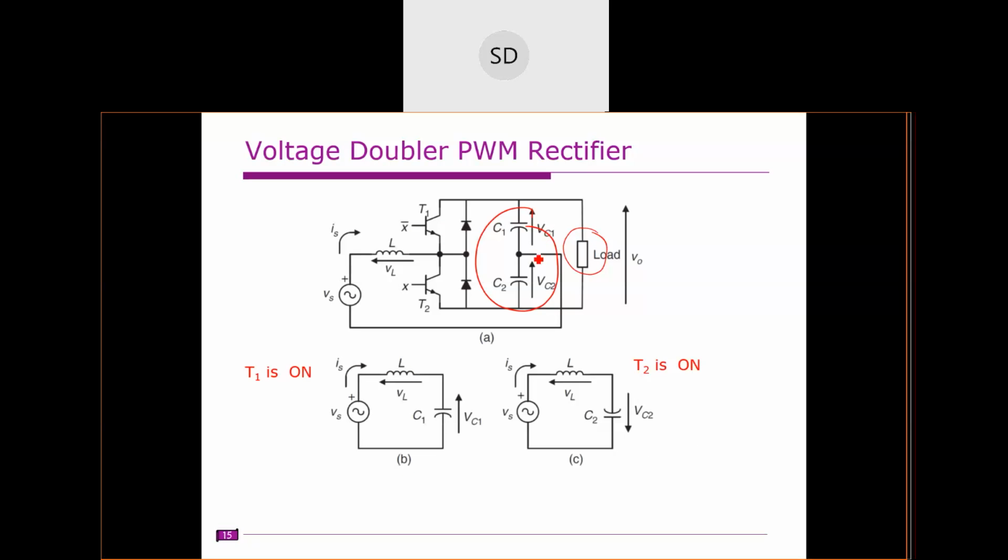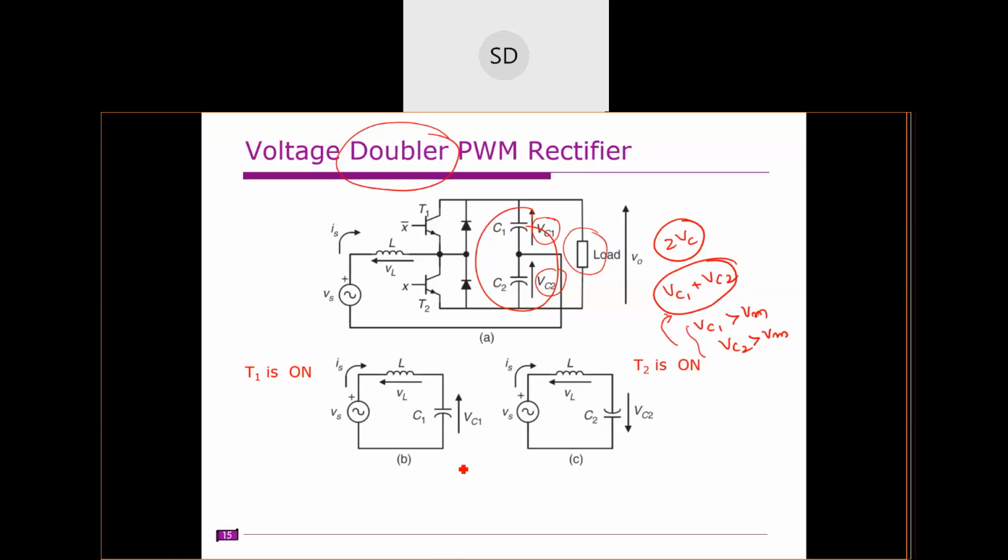Whatever the voltage Vc1, if you assume both are the same, you will get 2Vc voltage here, that means Vc1 plus Vc2. Vc1 is greater than Vm, and Vc2 is also greater than Vm. So effectively this voltage will be doubled, and that's why it is known as the voltage doubler circuit.